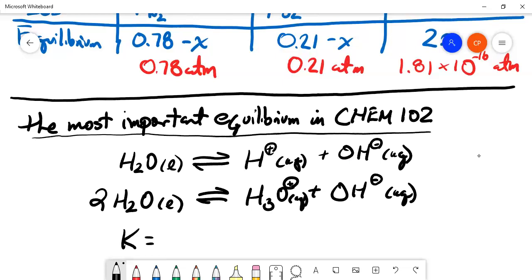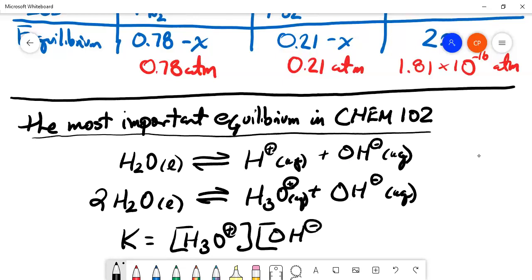So the equilibrium expression for this system goes as H3O plus concentration times OH minus concentration. And I told you this is the most important equilibrium you're going to come across in Chem 102.